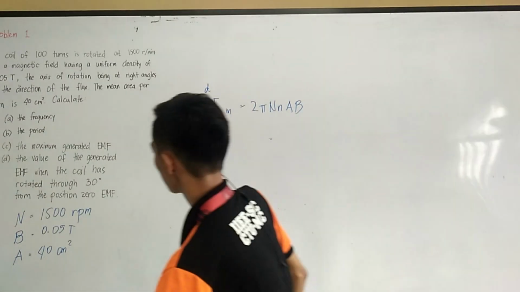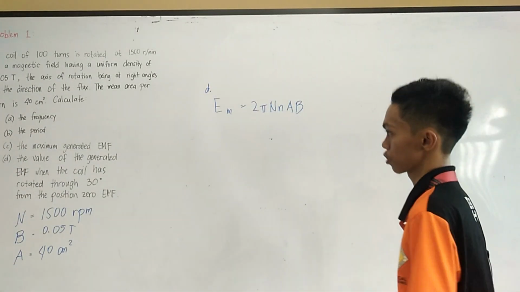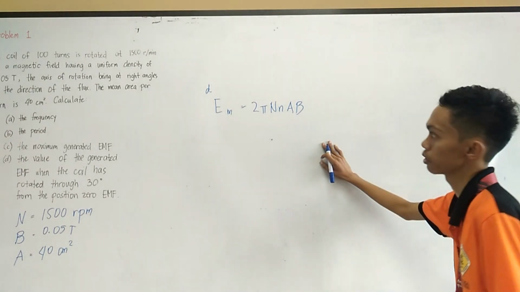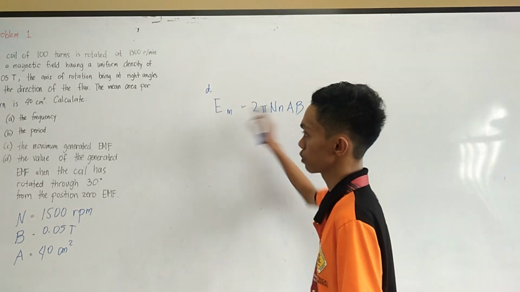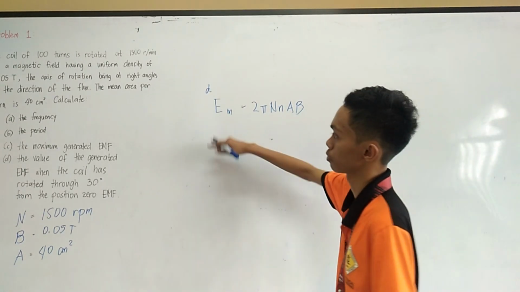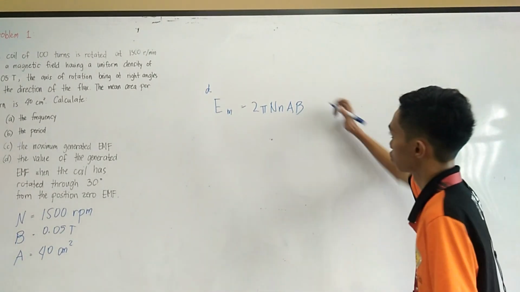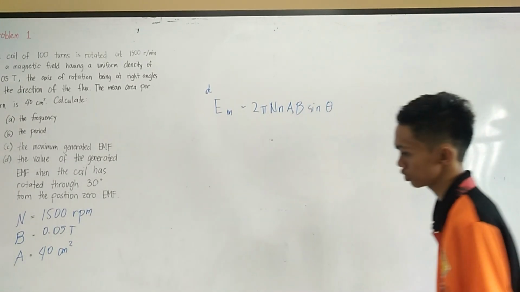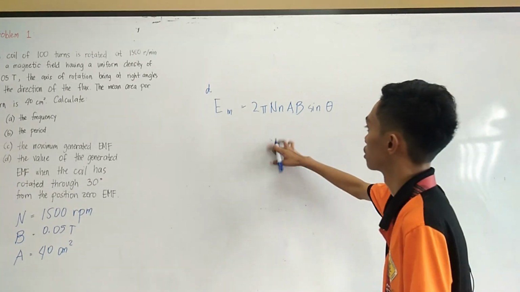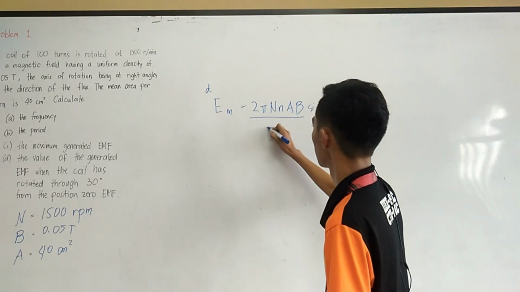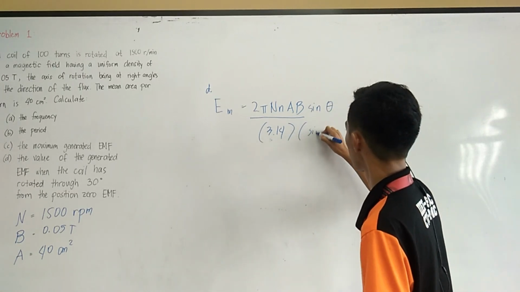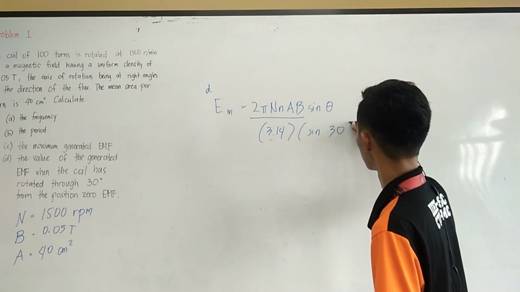Next, we have to find the value of the generated EMF when the coil has rotated through 30 degrees from the position of zero EMF. Using the equation from C, we have to put sine theta since it is positioned at the exerted angle. Since this has a value of 3.14 already, we can multiply sine 30 directly from it.